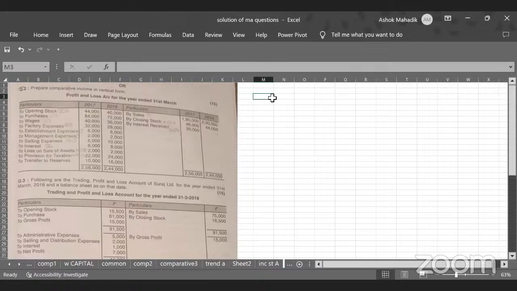Okay, friends. From this sum we will make a vertical income statement, and then we'll calculate ratios. The format will remain as it is. Vertical income statement, matrix particulars.